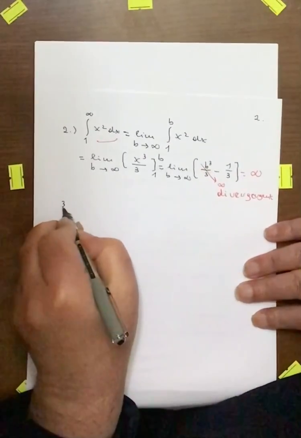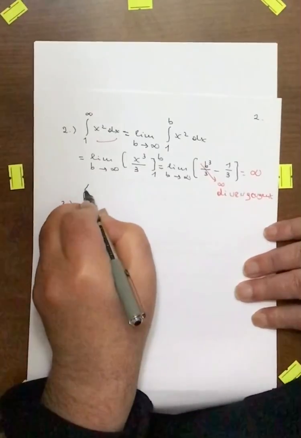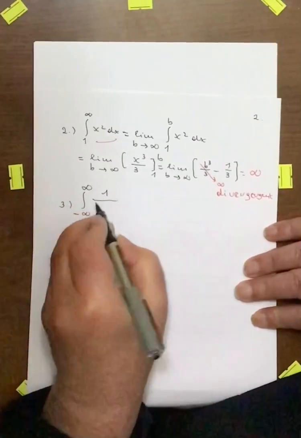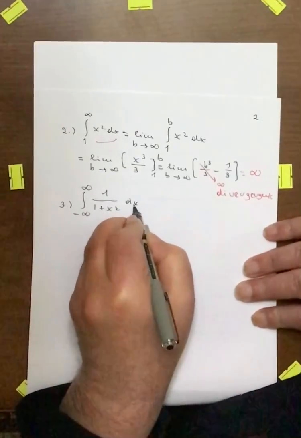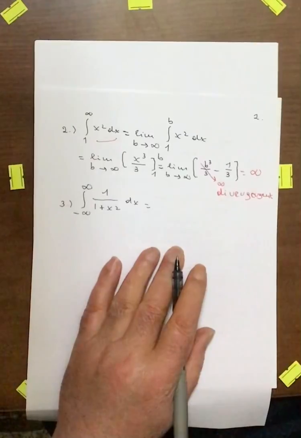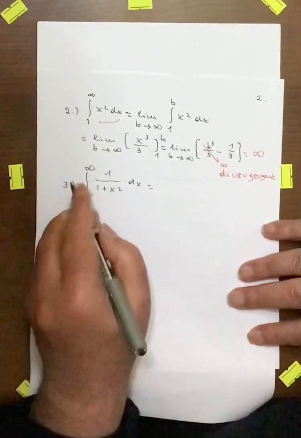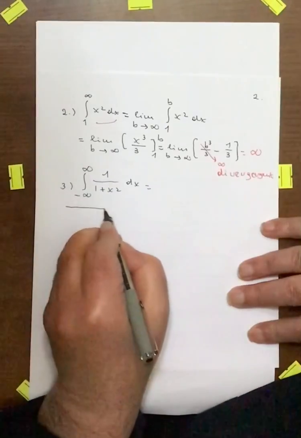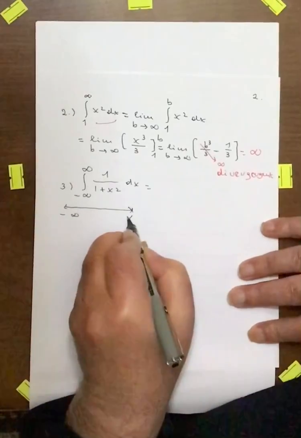Example 3: the integral from minus infinity to infinity of 1 over 1 plus x square dx. Let's consider this example. Now our interval is from minus infinity to infinity.